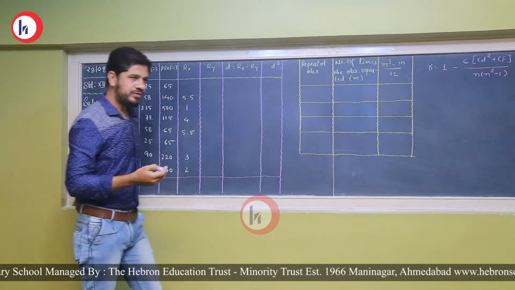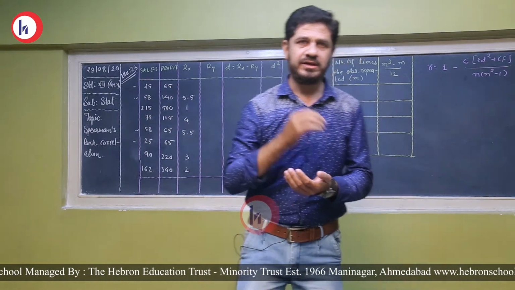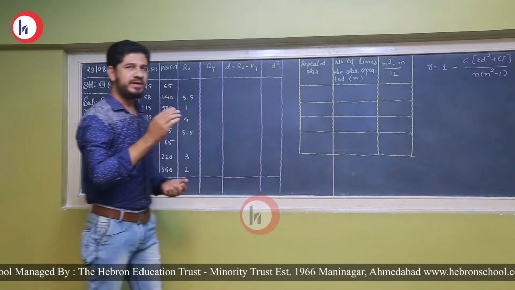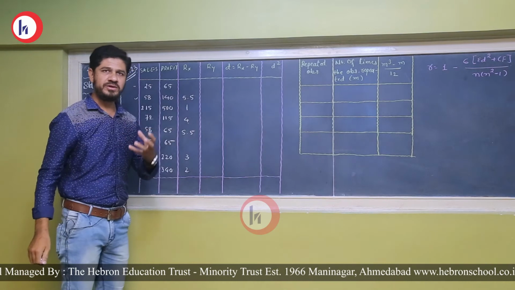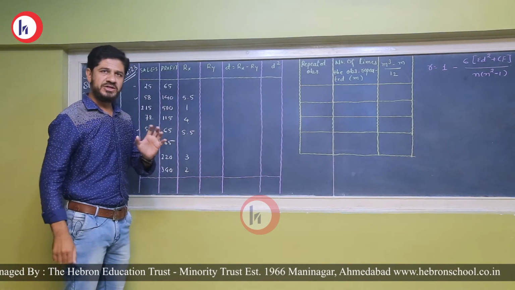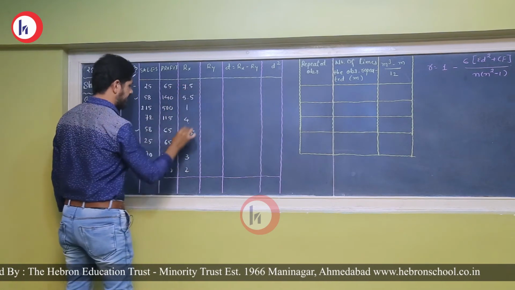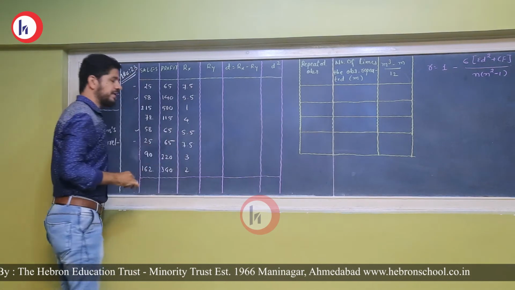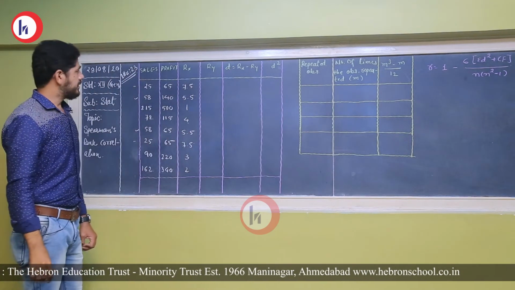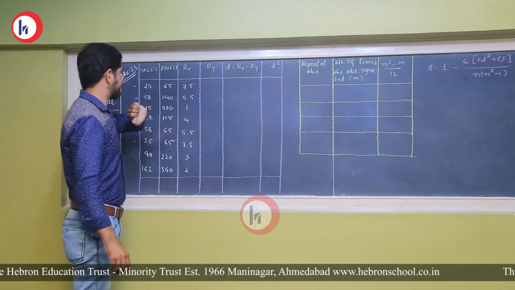So to whom do we give rank 7 and to whom do we give rank 8? Again there is a tie between number 7 and number 8. We will give the average to both of them. So 7 plus 8 divided by 2 we get 7.5 and we will give the equal rank to both of them.